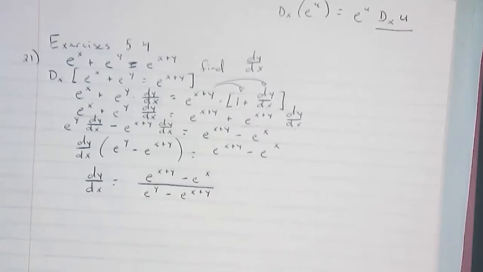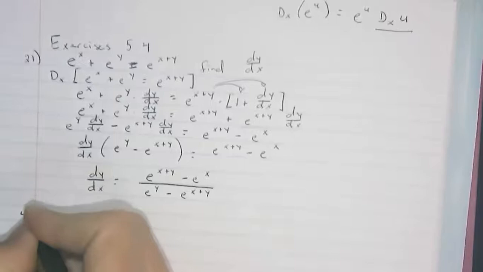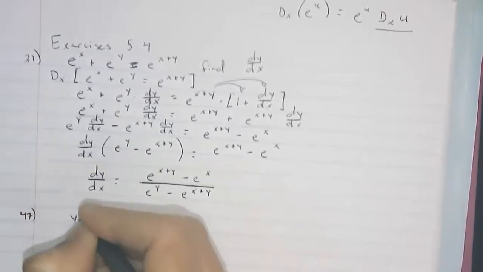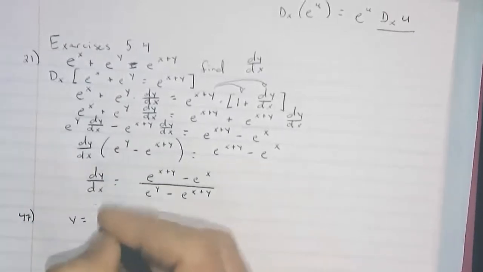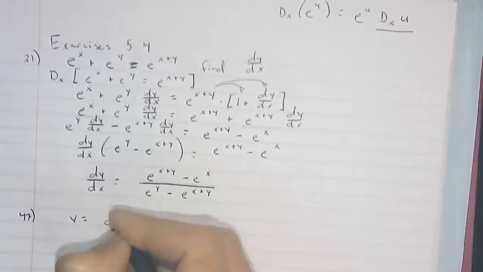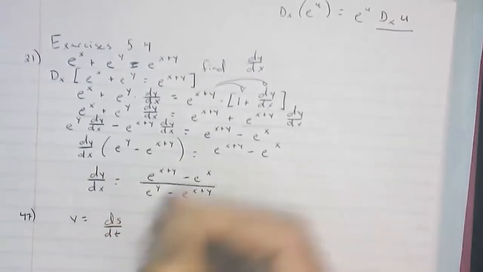So for 47, they give you the velocity and they want the distance. And so you would just be taking the integral there. If we have time at the end, we can come back to that. But that's this understanding that the velocity is equal to the derivative of the position with respect to time.